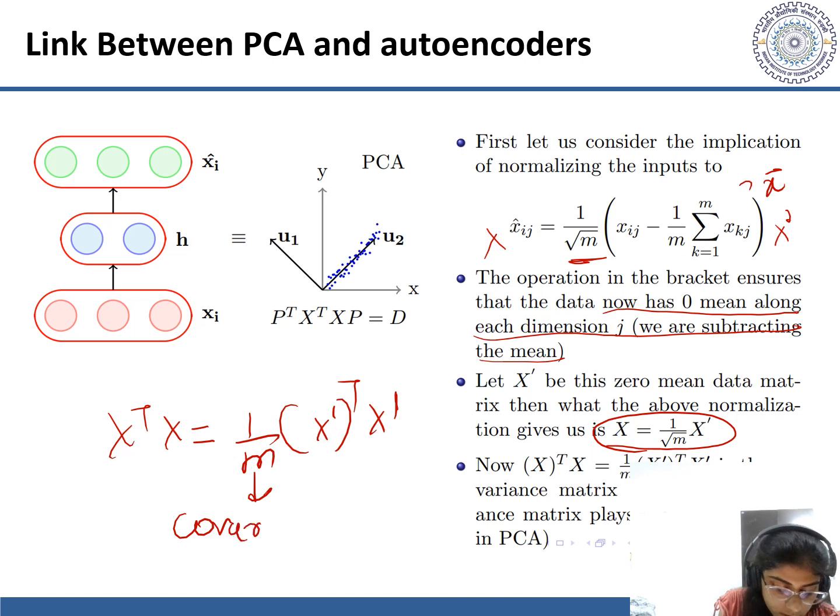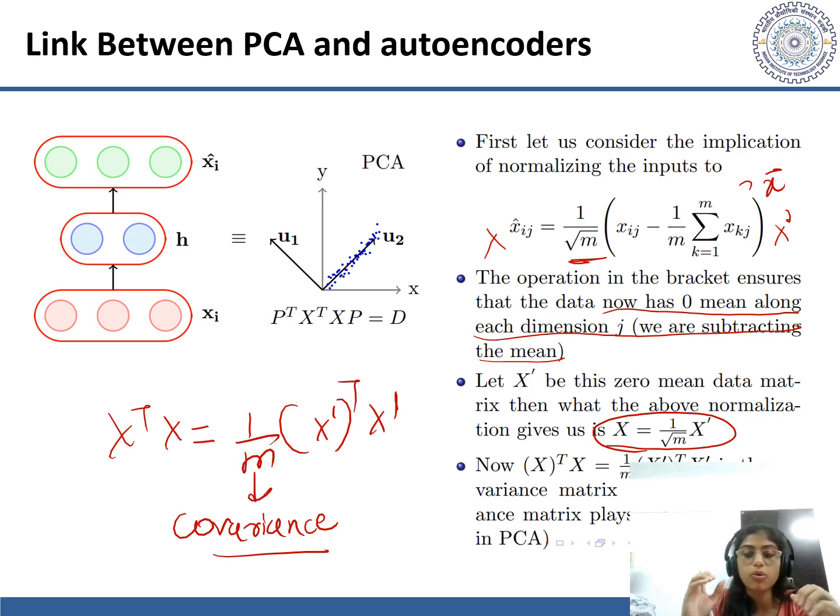This is my covariance matrix. Now, without normalizing this, I would not have got my covariance matrix. The covariance matrix plays a very important role for the PCA. So, normalizing is very crucial for the covariance matrix of the PCA.